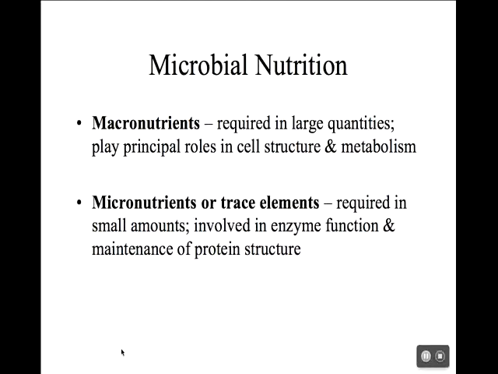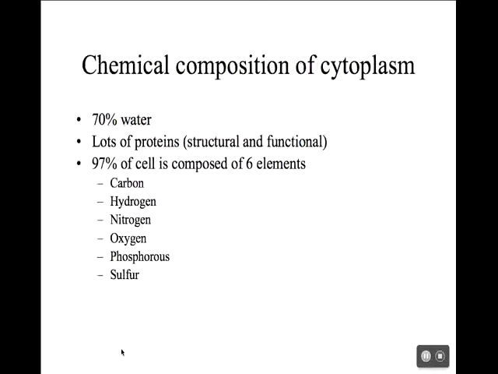They're not generally part of the main structure of the cell, but instead they're involved with an enzyme. Some enzyme needs this nutrient in order for the enzyme to function correctly. So generally that's what the micronutrients are about. They're involved in enzyme function or maintaining protein structure, and the cell only needs them in very, very small amounts.